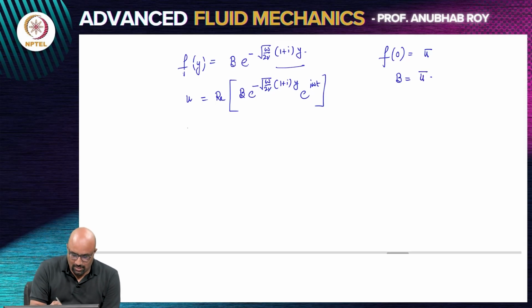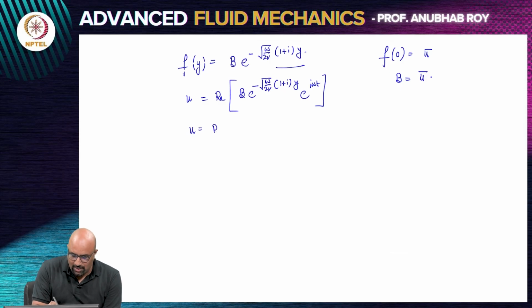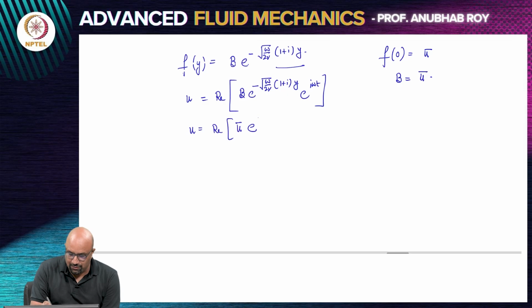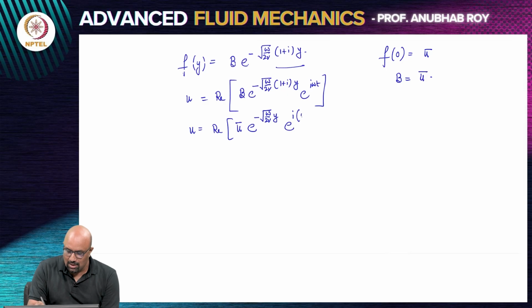So, then my u is real part of u bar exponential of minus square root of omega by 2 nu y e to the power i omega t minus square root of omega by 2 nu y.